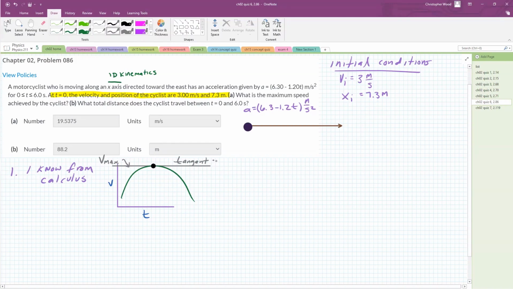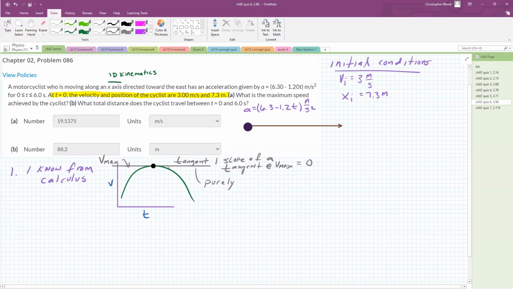And I know this. I know that for a tangent line, the slope of a tangent line at Vmax equals 0. You can see this is a purely horizontal line, which is the only line you could use.